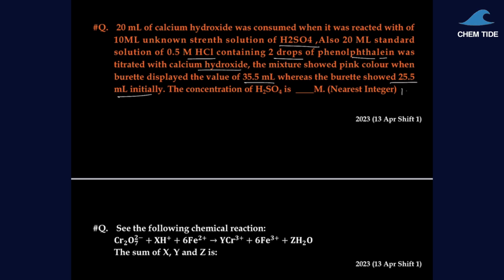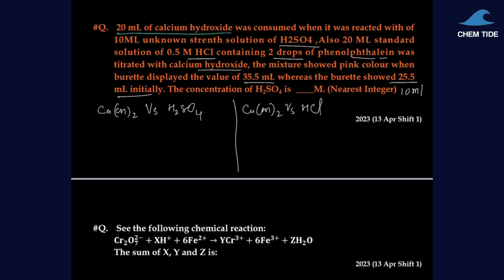Means that only 10 ml calcium hydroxide was used. So basically what is happening: calcium hydroxide versus H2SO4 is the first titration, and the second one is calcium hydroxide versus HCl, and they are asking for the concentration of the H2SO4.